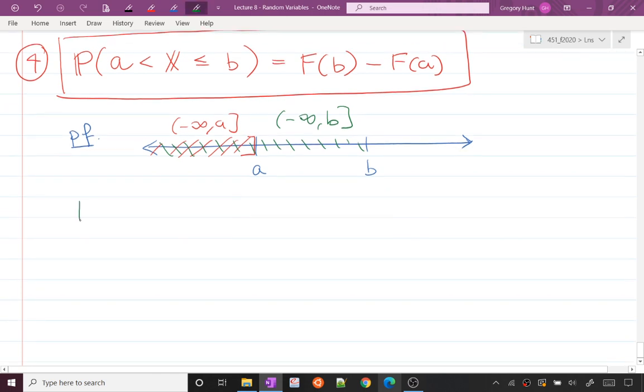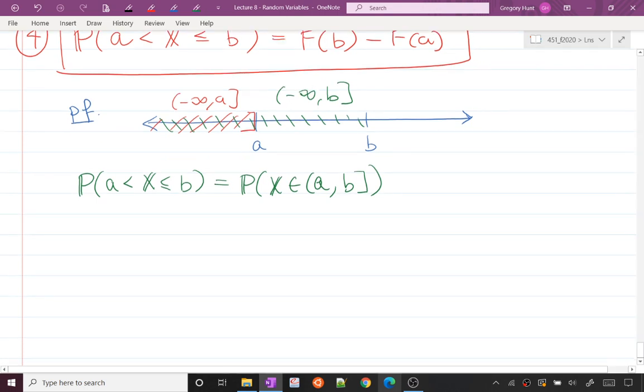Then the probability that a is less than x, less than or equal to b, what does that actually mean? That's the probability that x is in the set (a, b], a half open interval.